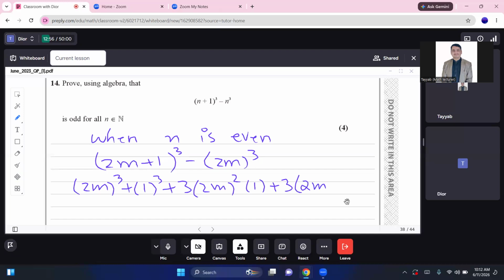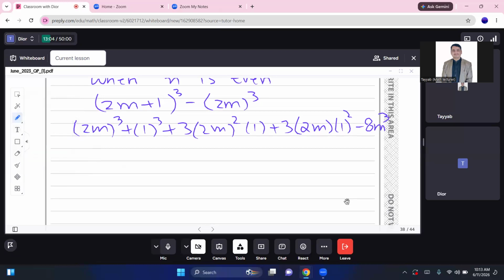And this is 8m cube. So this becomes 8m cube plus 1 plus 4 times 3, 12m squared plus 6m minus 8m cube. It's cancelled.